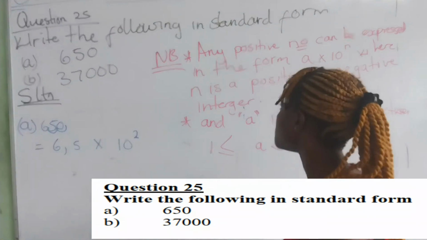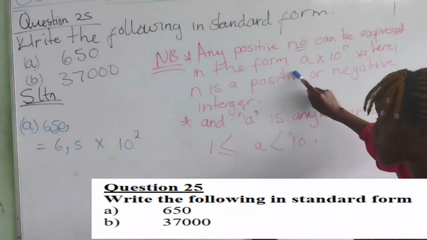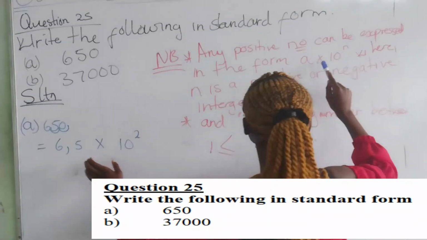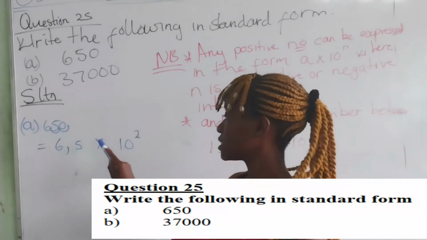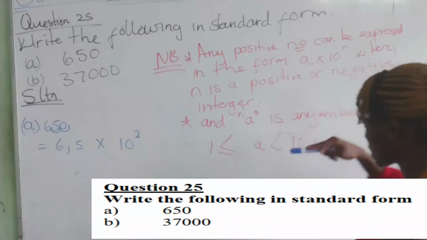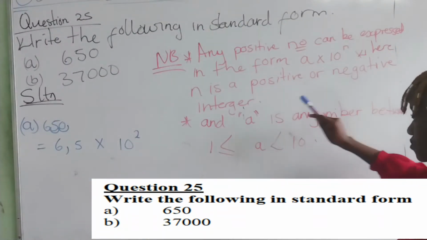What are we saying? Any positive number can be expressed in the form a times 10 to the power n. So this is our positive number that we are expressing in the form a times 10 to the power n, where this is our a, times 10 to the power n. Our n is constituted for this scenario, where n is a positive or negative integer.